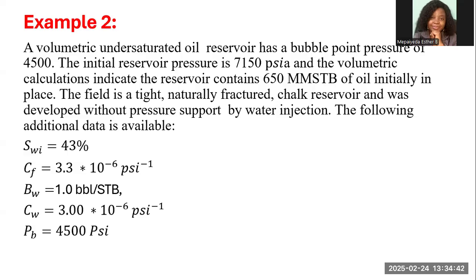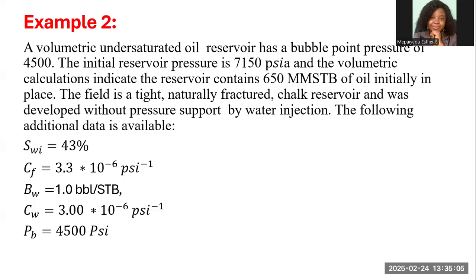Okay, so you have your SW at 43%, that's your water saturation. You remember your SO plus SG plus SW equals 1. So you have your water saturation to be 0.43. Your rock compressibility is in the order of 10 raised to the power minus 6, 3.3 times 10 raised to the power minus 6.